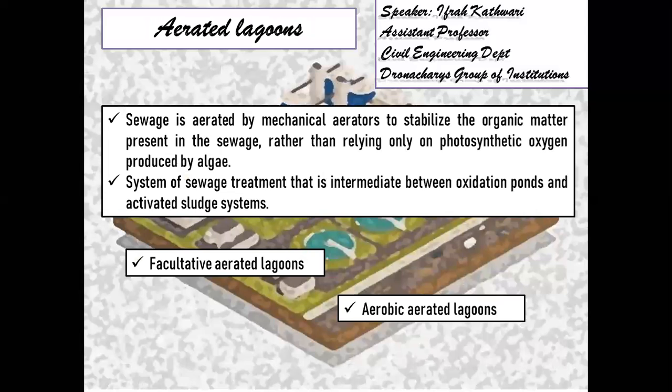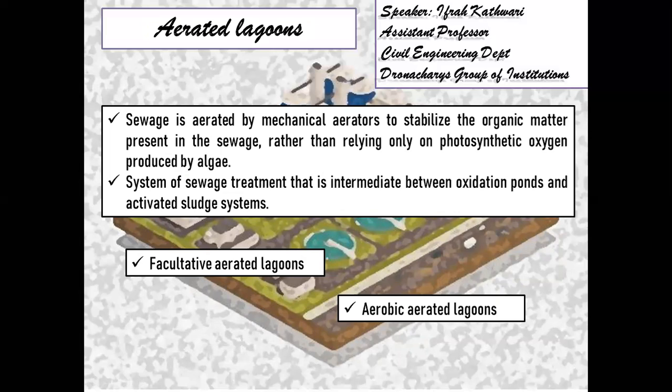The next one being the aerated lagoons. What are these aerated lagoons? Herein the sewage is aerated. How is it done? It is done mechanically. In the oxidation ponds, we made use of algae, and in the presence of sunlight, it produced oxygen with the help of photosynthesis, and that was the natural process.